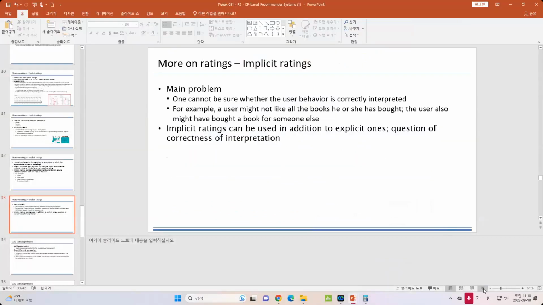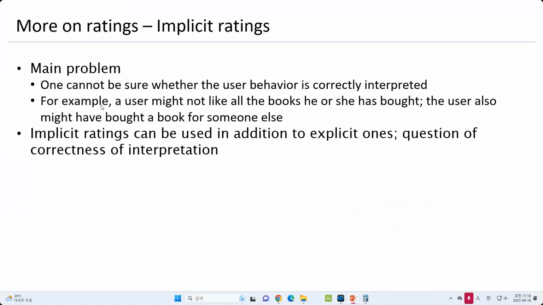And for example, a user might not like all the books she or he has bought. The user also might have bought a book for someone else. For example, I buy the book but I do not read it. I buy the book for a birthday present. Then it is not possible to read this kind of behavior as a rating.